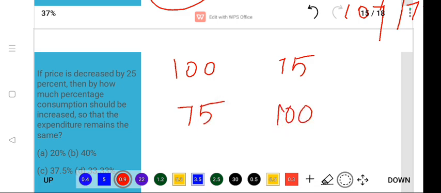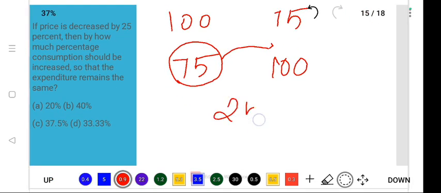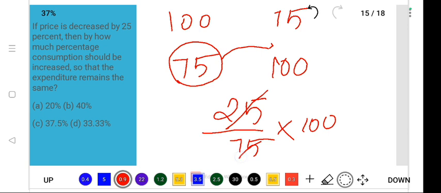The price is decreased from 100 to 75. Then by what percentage should consumption be increased? The consumption is increased from 75 to 100. How much is increased? 25 from 75. So 25 out of 75 is how much percentage? 25 by 75 is one third, so it will be 33.33%. So we can solve with this method.